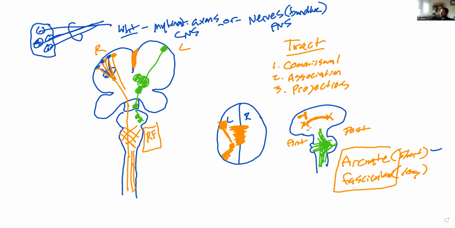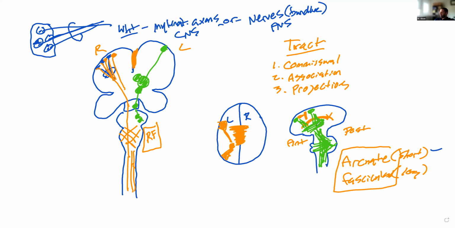Then we're going to have projections within the brain to more basal layers of the brain. We're going to have them up in the cortex. So we're going to have projections of fibers going to the cortex, and then back down to the cerebellum.